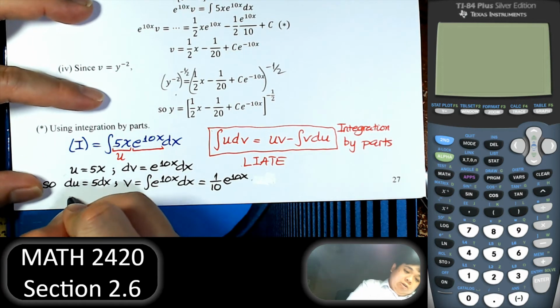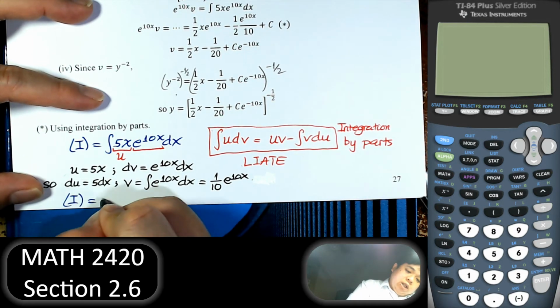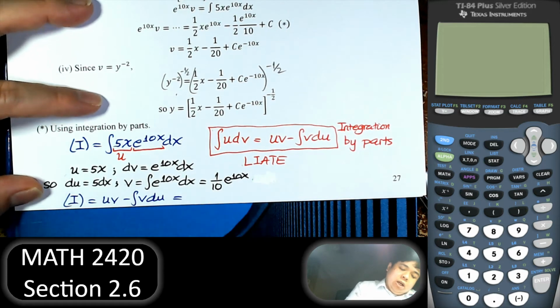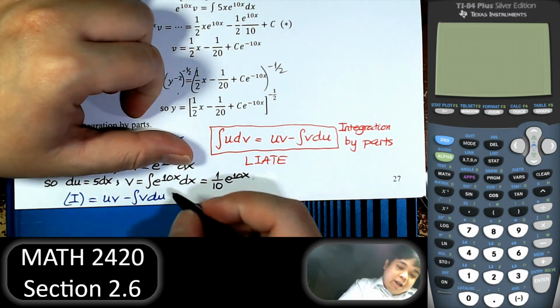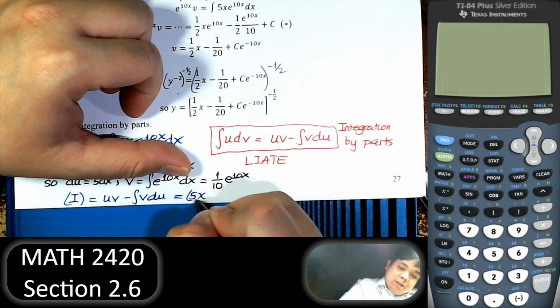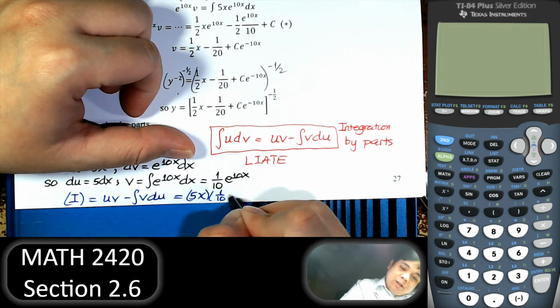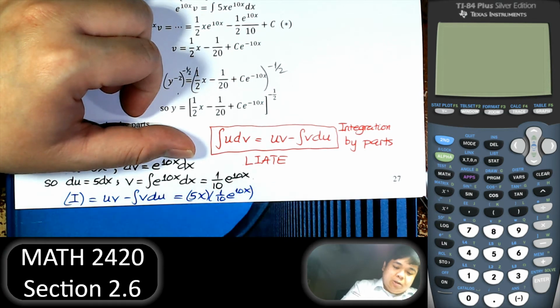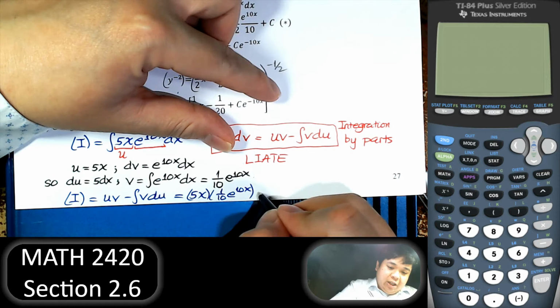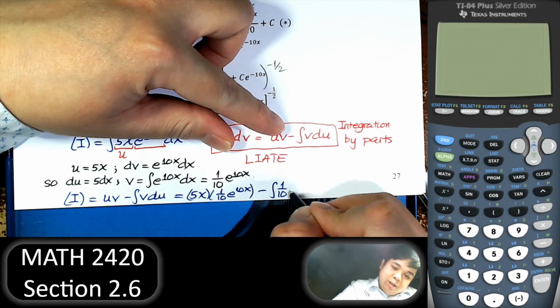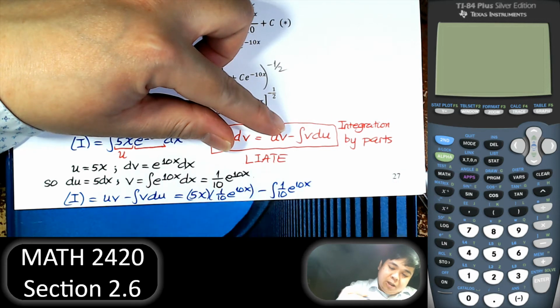Right, so integration by parts: uv minus integral v du. So u is 5x, v is this, minus the integral of v du.